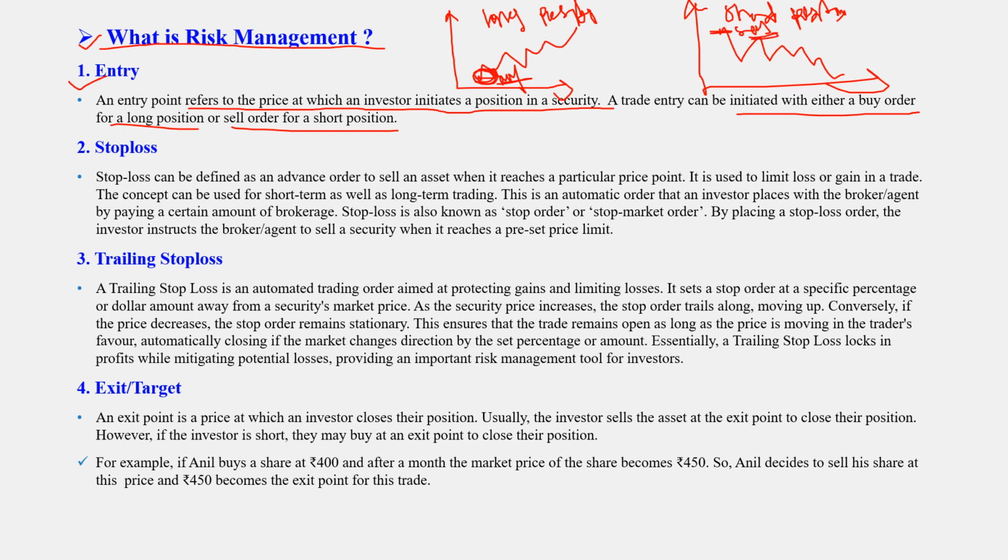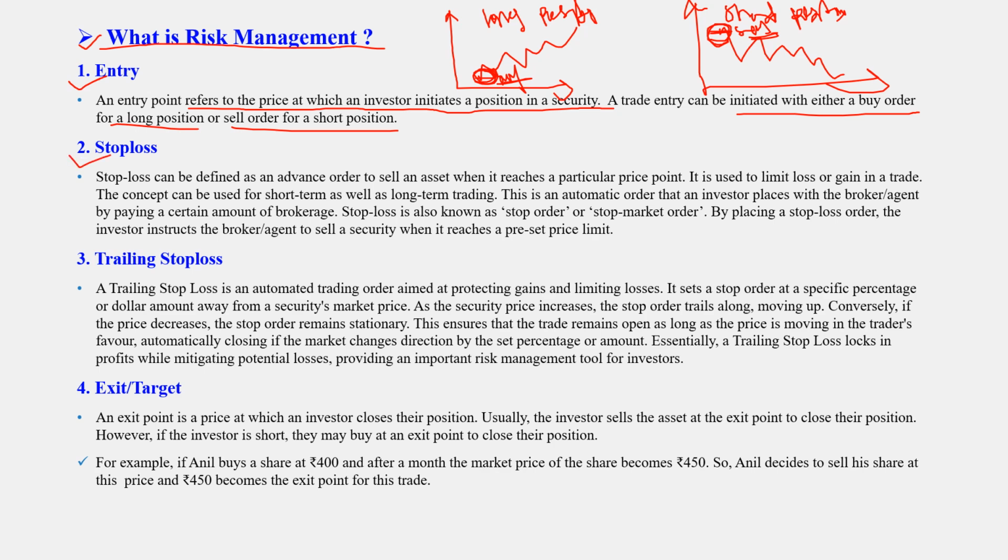So that position is called the entry point, right? Understood? So the entry point in the bullish trend is a buy, as the market will be going up, and in the bearish trend the market will be going down, so first we need to sell, and that point is called an entry point.